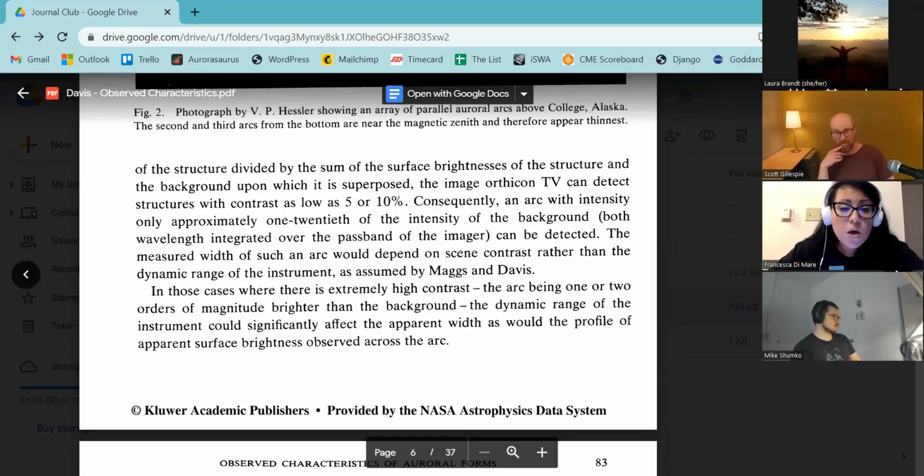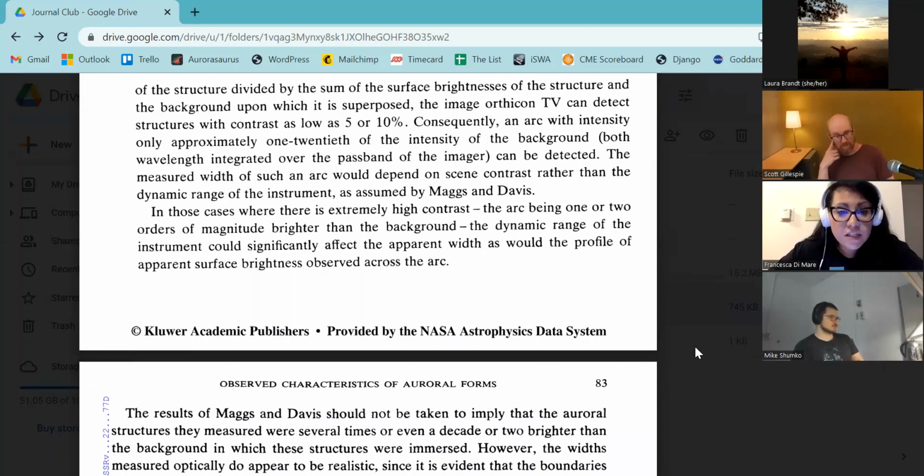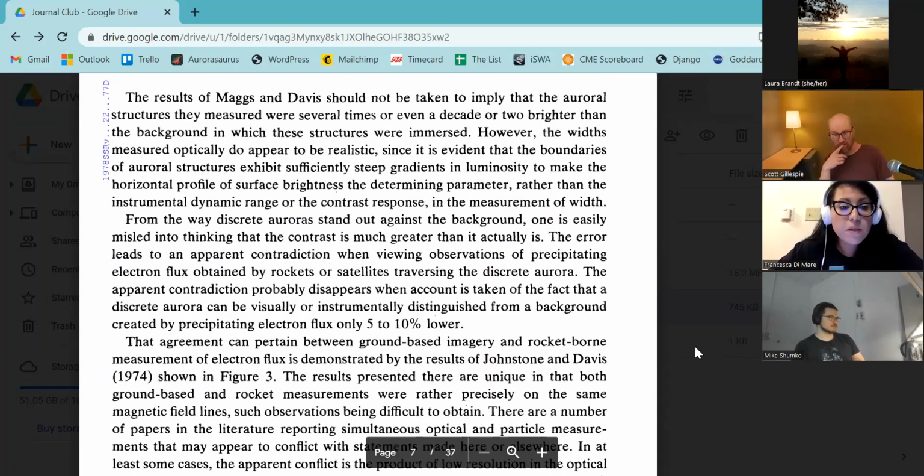In those cases where there is extremely high contrast, the arc being 1 or 2 orders of magnitude brighter than the background, the dynamic range of the instrument could significantly affect the apparent width, as would the profile of apparent surface brightness observed across the arc. The results of Maggs and Davis should not be taken to imply that the auroral structures they measured were several times or even a decade or two brighter than the background in which these structures were immersed.